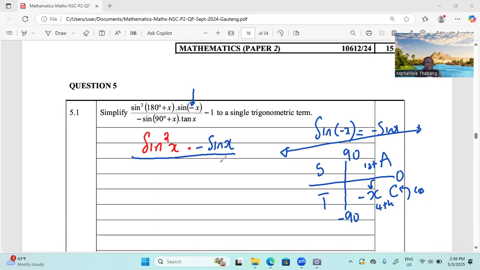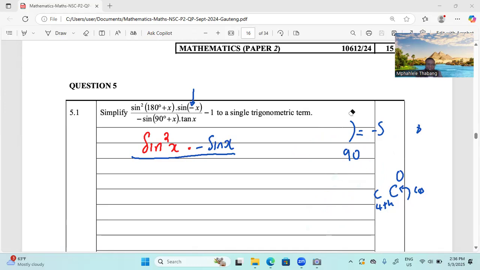I love this one now. I love negative sine of 90 plus x. Why do I love this one? Because it's going to introduce something very, very important, which is what we call the core function of a trig ratio.